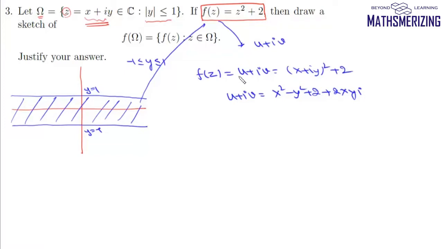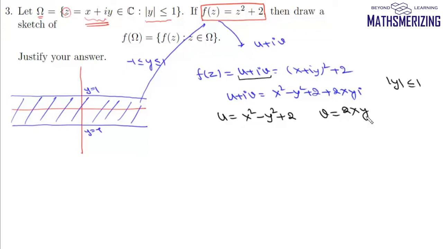Now we need to draw the sketch of u and v. Now comparing real and imaginary parts, we can write u as x square minus y square plus 2, and we'll write v as 2xy.